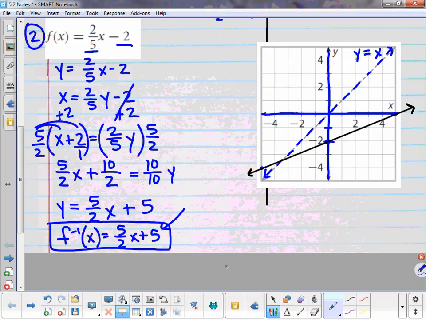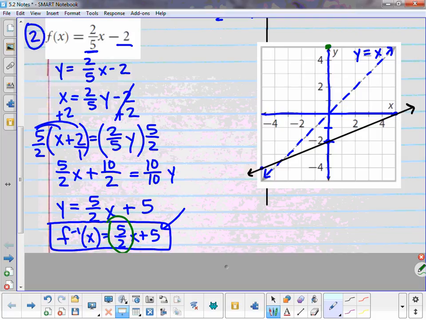Remember, this is the y-intercept, this positive 5. So let's go up 5 on the y-axis, do a point. Actually, I'm going to do this in a different color. So we go up 5, and then our slope right here is this 5 over 2.